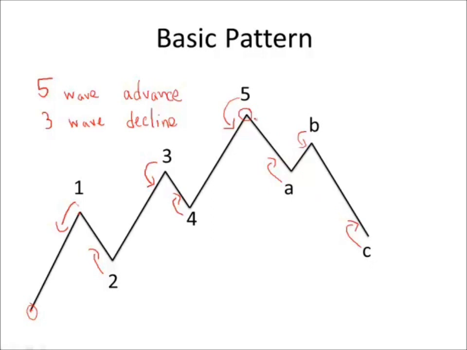In this case, we can see that the overall outcome of the 3-wave decline is a decline from this point here to this point. We have a decline first, then a small upward correction, and then another decline. And this is the 3-wave decline. So according to Elliott wave theory, stock prices move in this pattern. We'll see a 5-wave advance followed by a 3-wave decline. And this we should see repetitively.